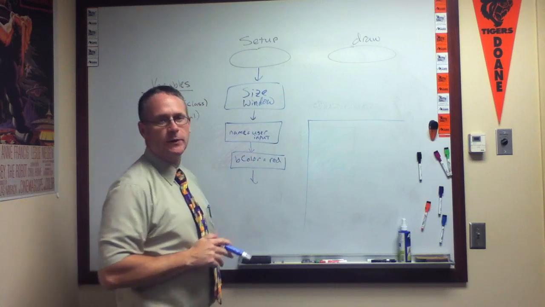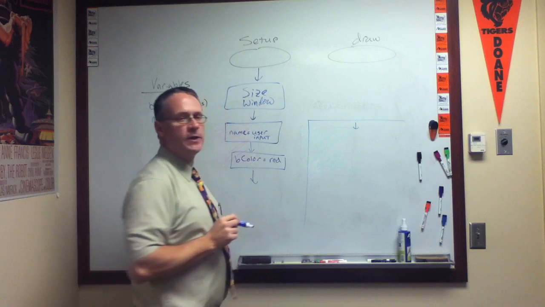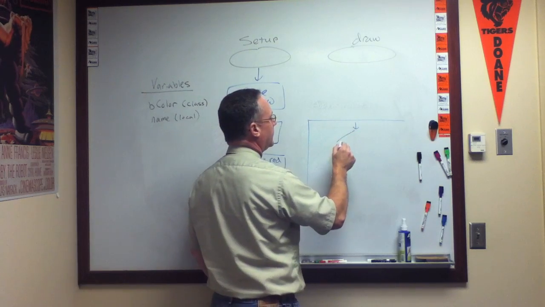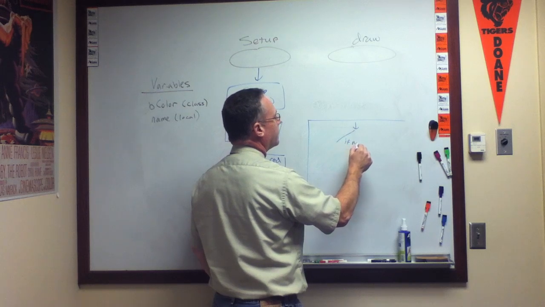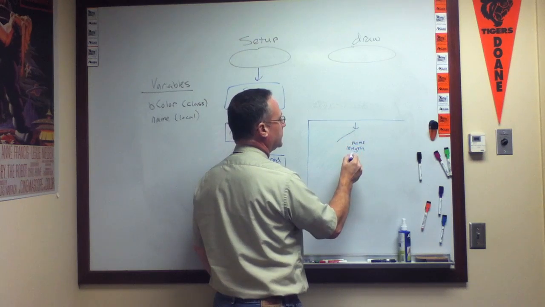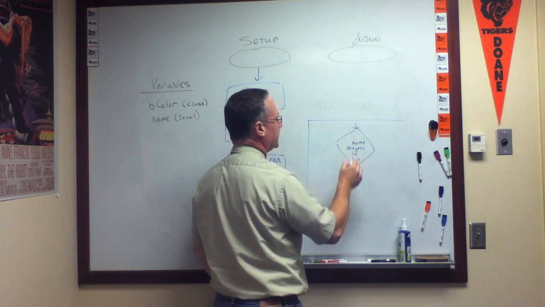Draw will be easy, so we don't need much space for it. Now we have to make our decision based on that name. So if name length is greater than 10, that's the condition that we're going to use.